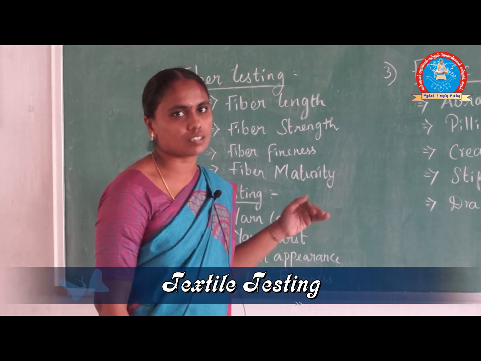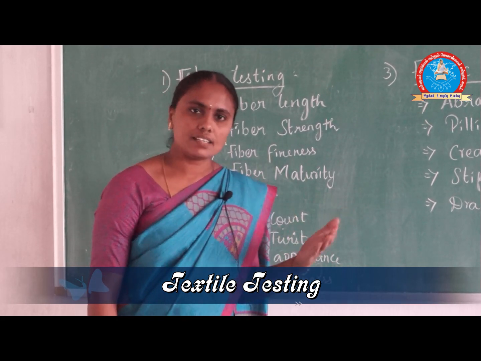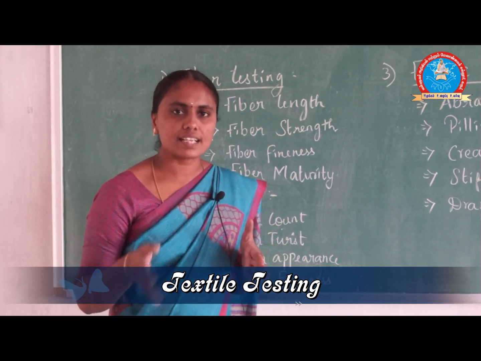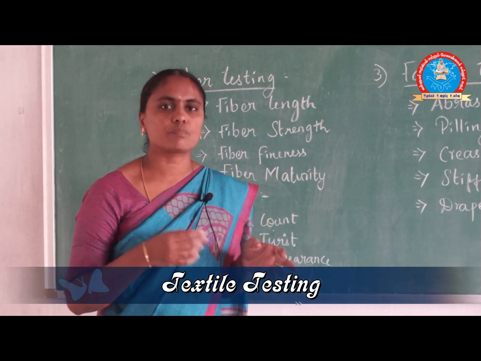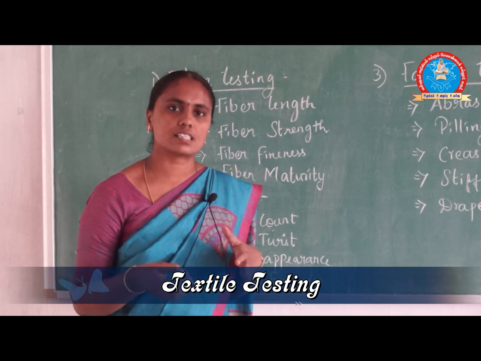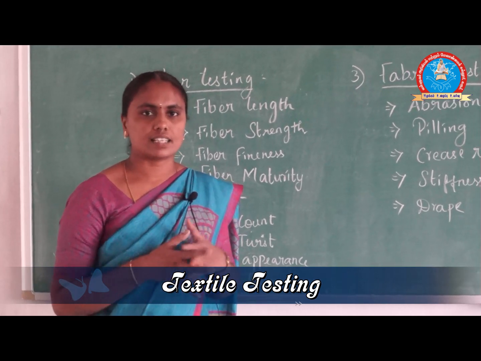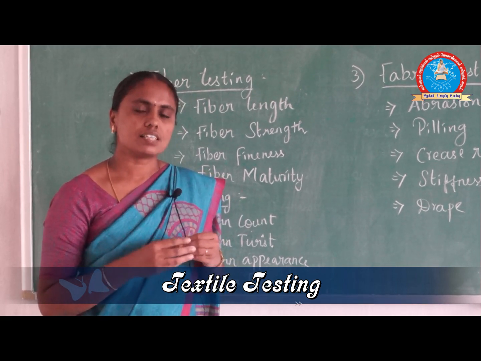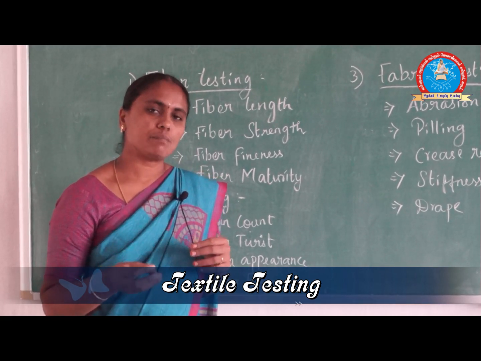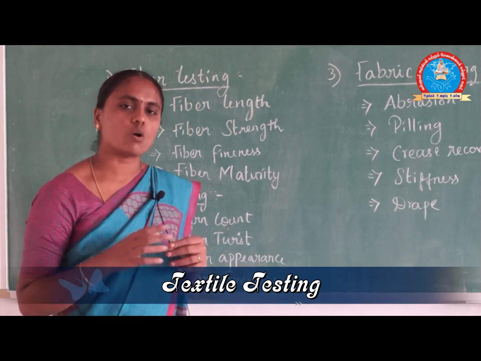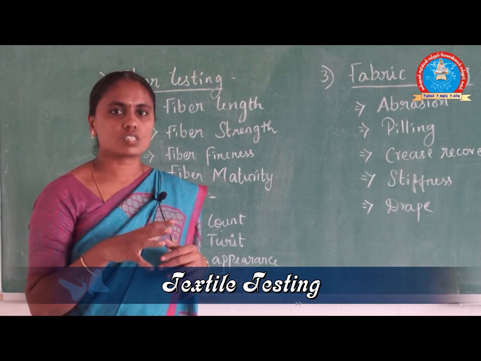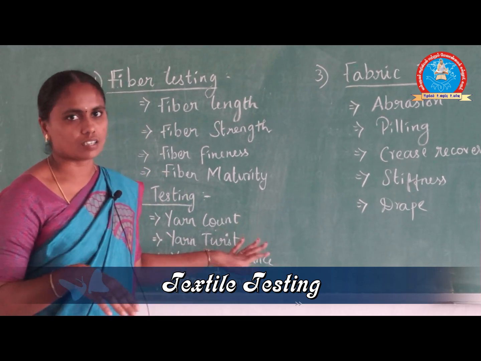Some standards also organize and evaluate grades and numbering systems like the direct system, indirect system, universal system or tex system. Methods of determining the yarn count use the analytical balance, Beasley balance, stub yarn balance, quadrant balance, and knowless balance. These instruments are mostly used to determine the yarn count.